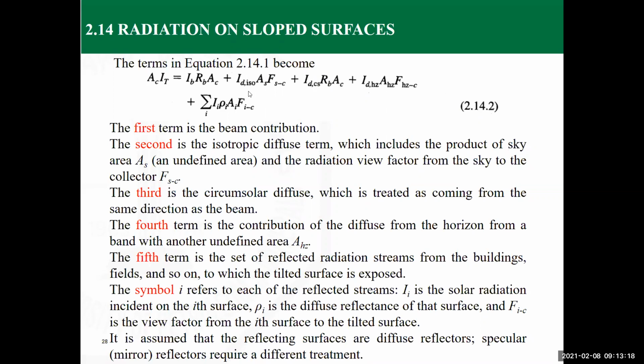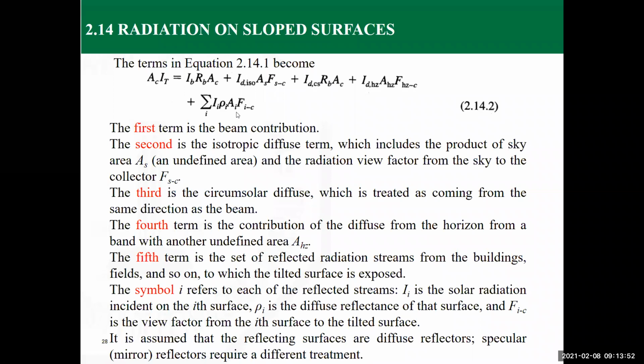So this is ISO, so we're talking about the sky: the area of the surrounding sky times the shape factor from the sky to the surface, then the area of the circumsolar disk, then the area of the horizontal surroundings times the shape factor between the horizontal surroundings and the surface.